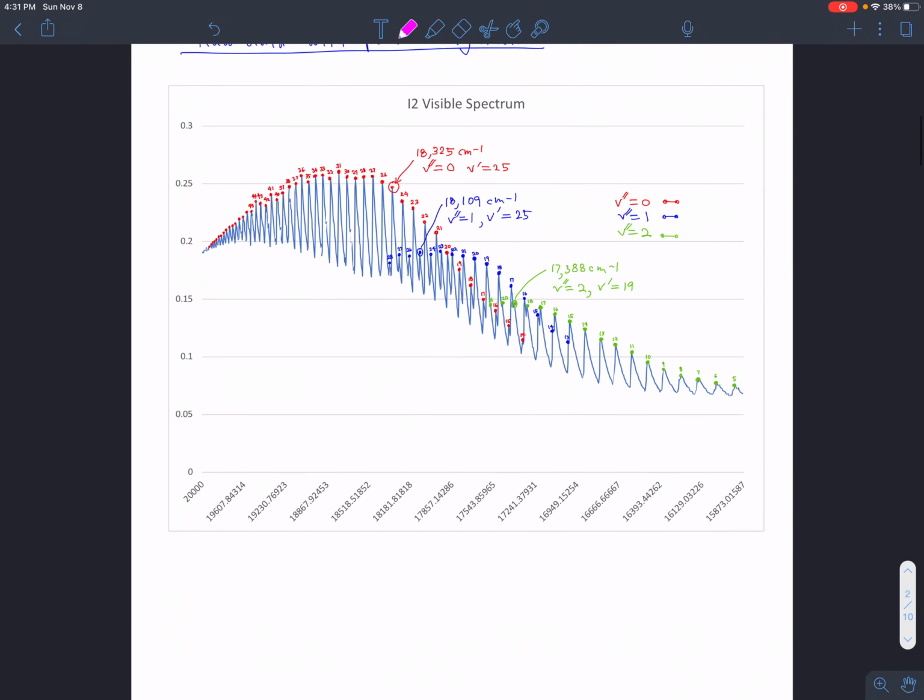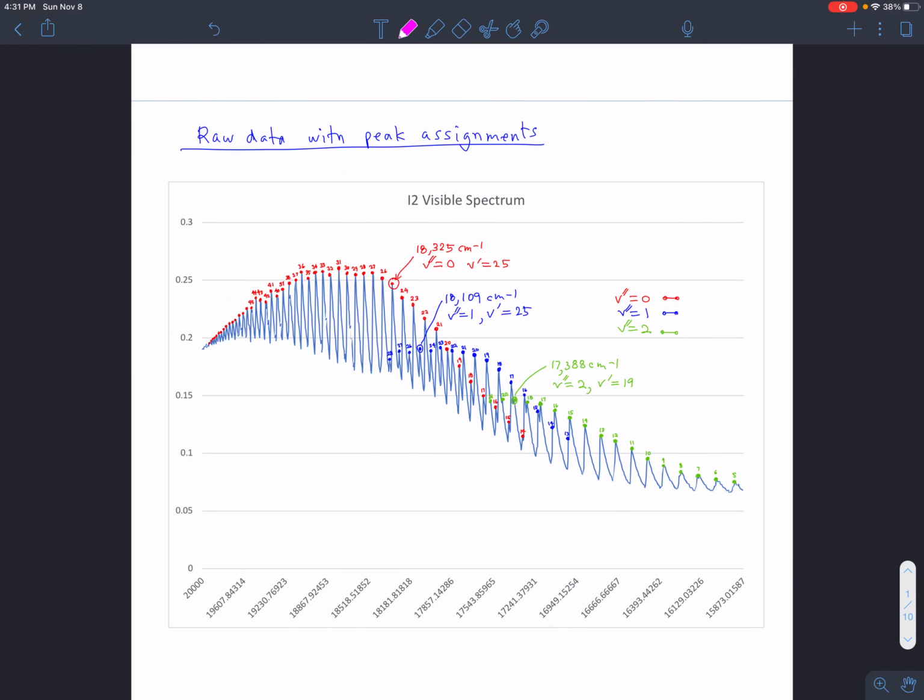And we're going to get all those values basically to be able to reconstruct the energy spectrum and energy structure of the iodine molecule from this spectrum and all these little sharp peaks.